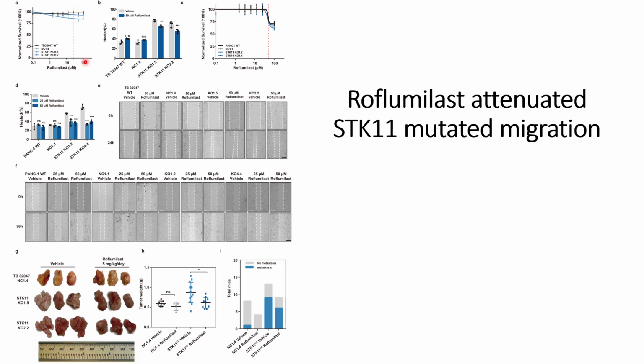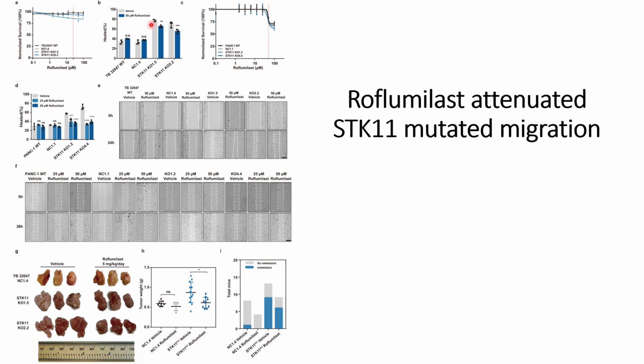First they checked the survival rates of the different kinds of cells. The cells they are using are TB32047 cells as a control, and two knockouts of this TB32047, two different colonies. What they found is that there is not much statistically significant difference between the control and the STK11 knockout cells.